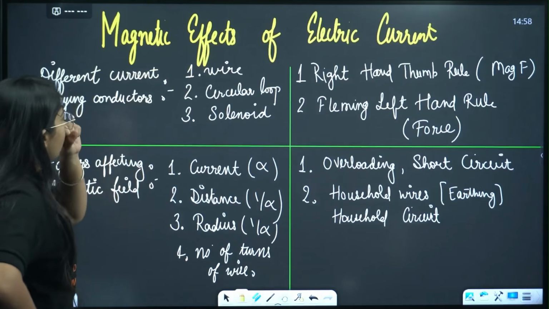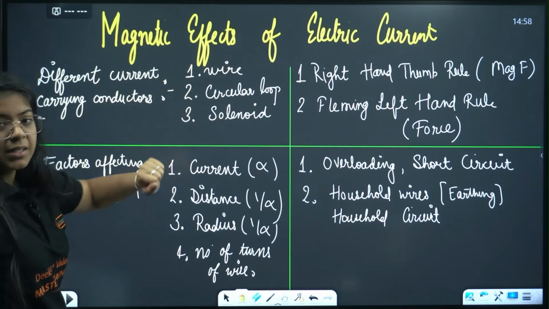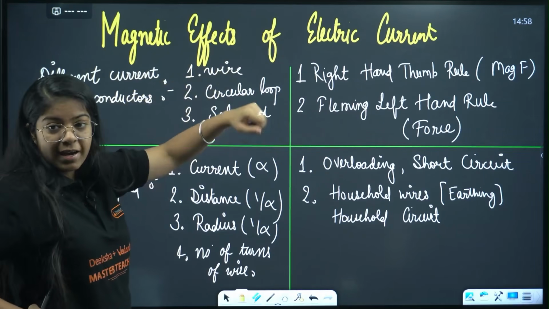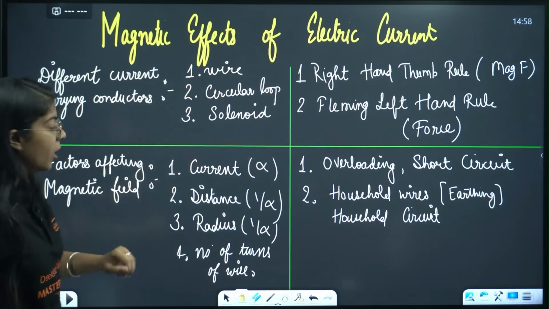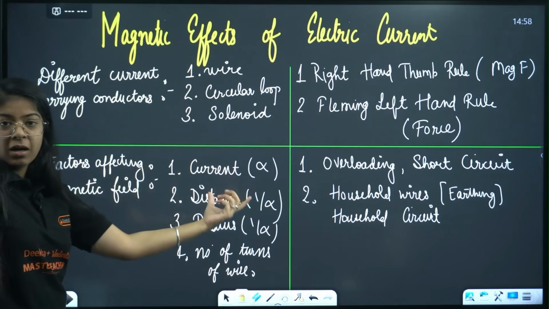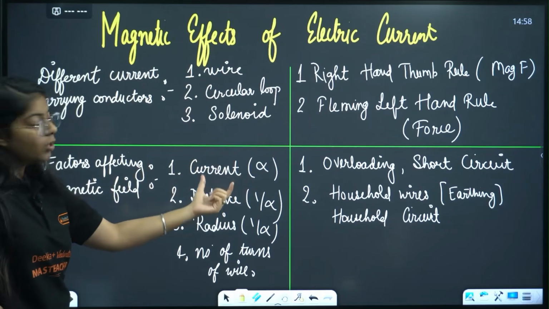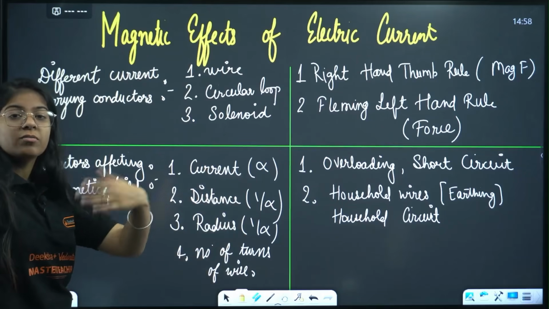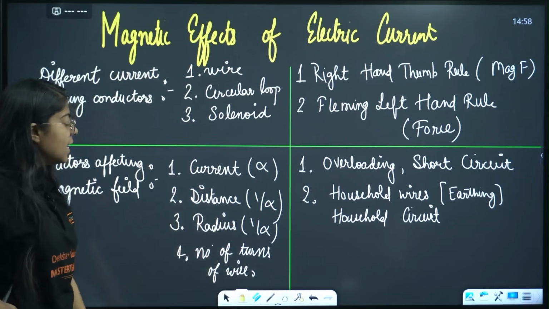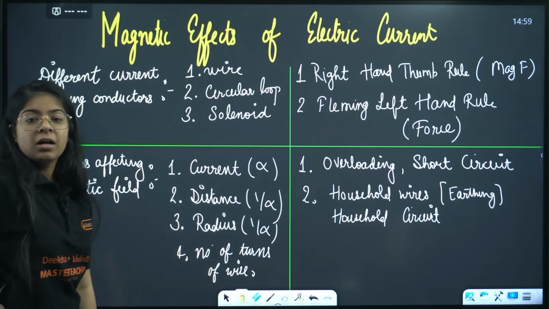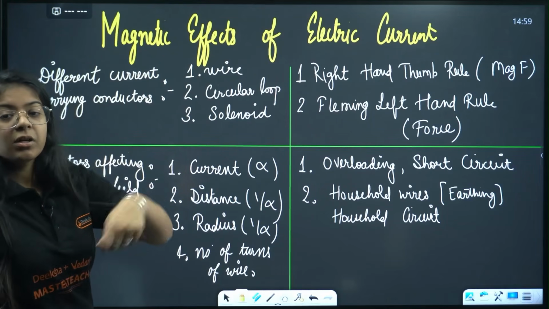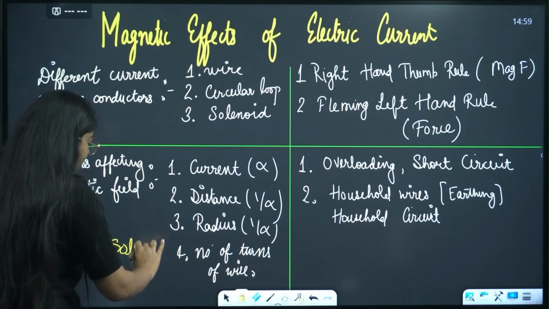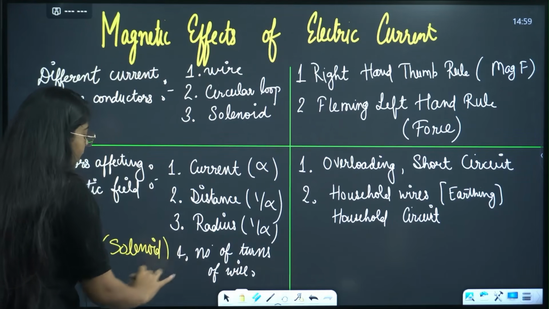Next is magnetic effect of electric current. Now we have different current carrying conductors. First is our straight wire, then circular loop, then solenoid. All of them are directly proportional to current, inversely proportional to distance, inversely proportional to radius of the loop, and then number of turns of wire in the case of a solenoid.